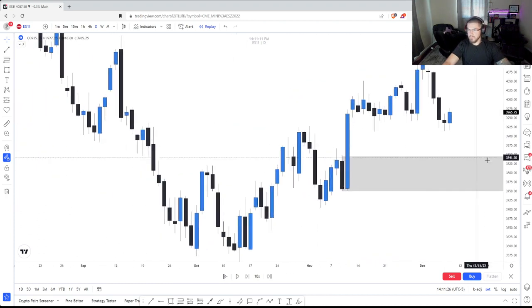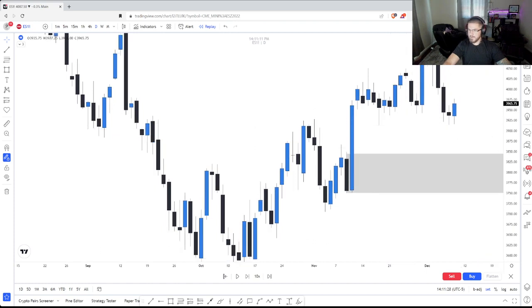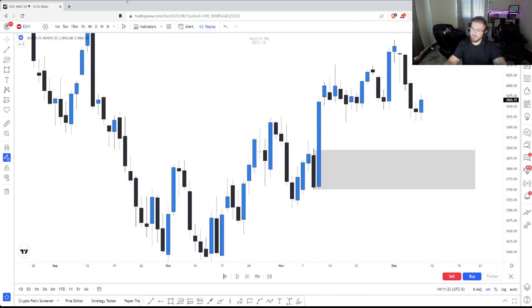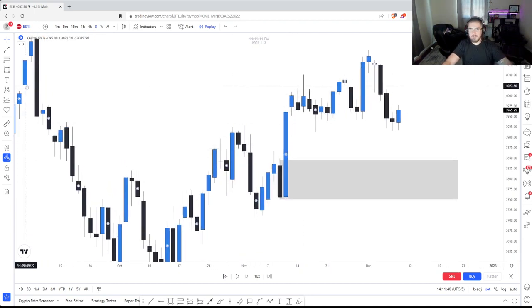Now, order blocks don't necessarily have to immediately break structure, like a demand zone mapping. But with demand zone mapping, you want to immediately break structure. For instance, in this example, price comes down, takes out a low, we form an order block right here.